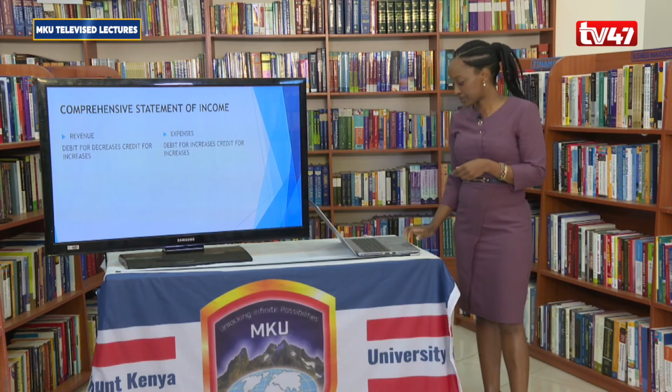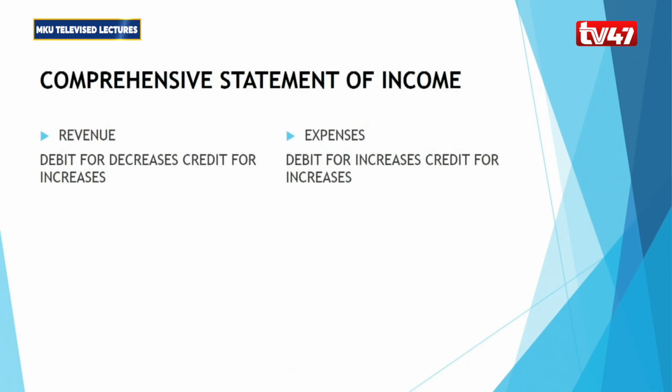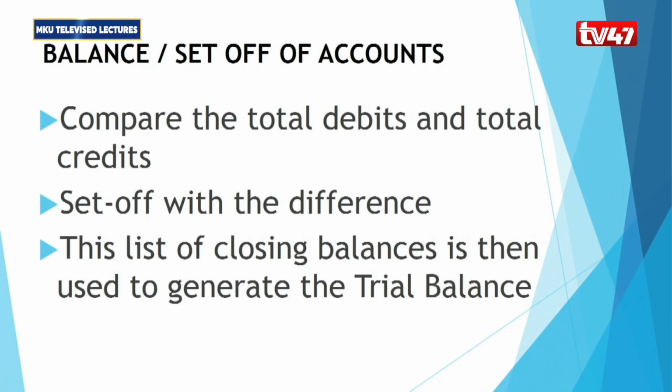Having done that, the next bit will entail the balancing or setting off of these particular accounts. And this is purely done by comparing the total debits and the total credits. And then we offset with the difference.